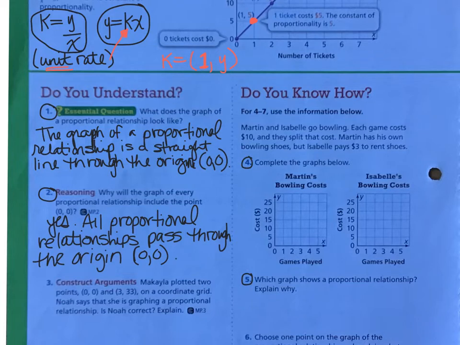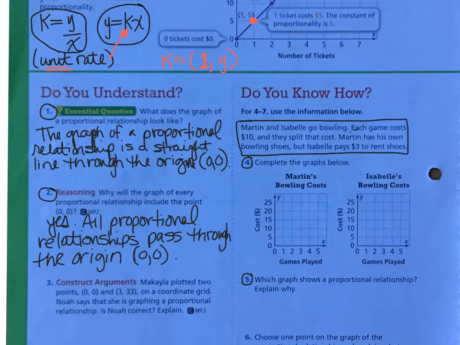Now let's take a look at questions 4 through 7. Martin and Isabel go bowling. Each game costs $10, and they split that cost. Martin has his own bowling shoes, but Isabel pays $3 to rent shoes. So the first thing that I want to do is take this information and make some statements about that.